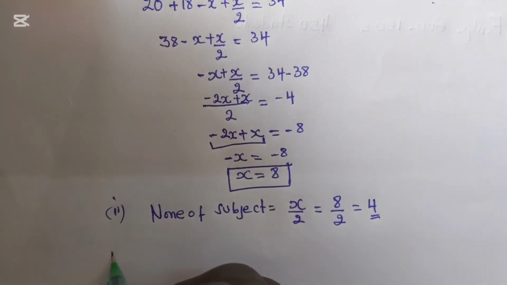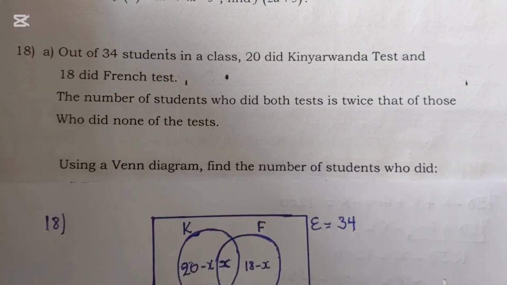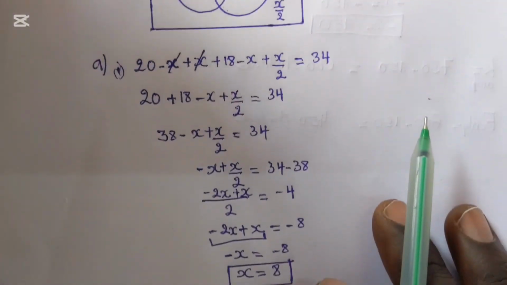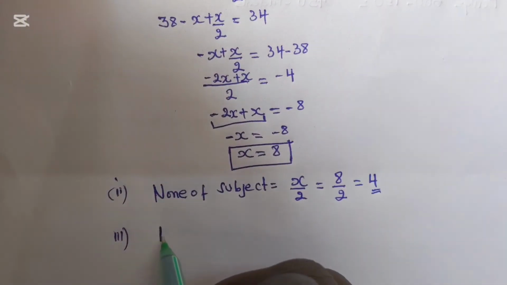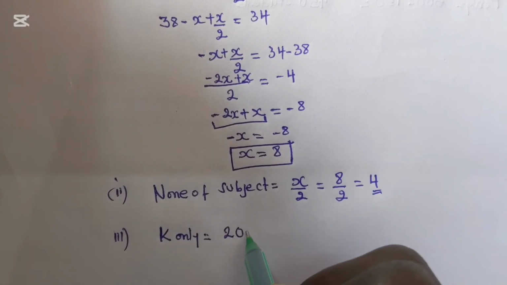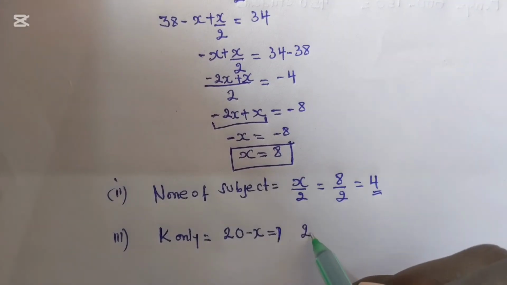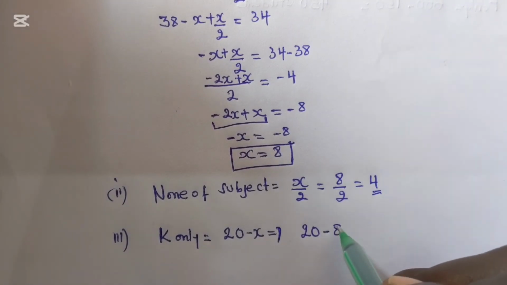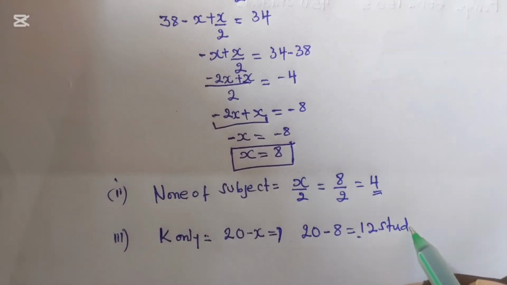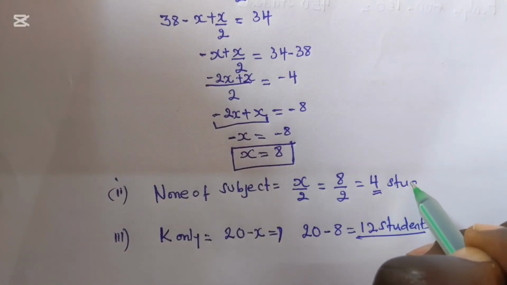Then the third one is to find those who did Kinyarwanda only and French only. Kinyarwanda only stands for 20 minus x, which is 20 minus 8 to get 12 students. Whereas here we have 4 students.